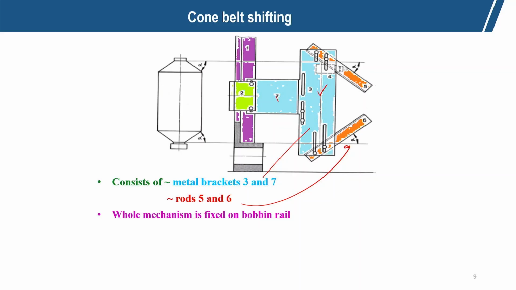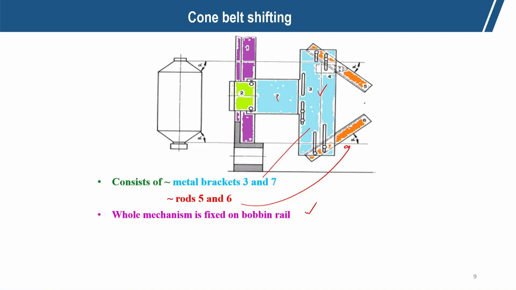The whole mechanism is fixed on the bobbin rail. We are not going to discuss the machine mechanism in detail, but this mechanism is fitted on the bobbin rail and moves up and down along with the bobbin rail.